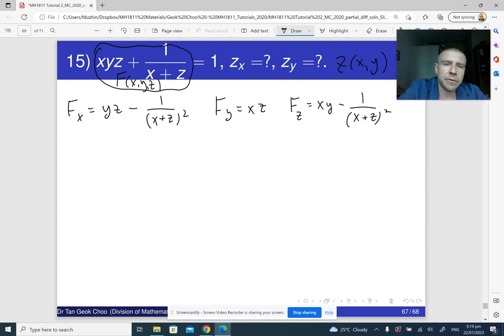And how do we find the partial derivative of z with respect to x? We just need to use the formula from the lecture. It's minus fx divided by fz. So fx is, so minus sign here, yz minus 1 over x plus z squared.